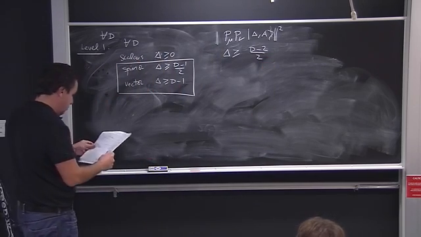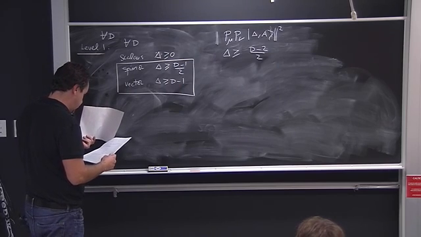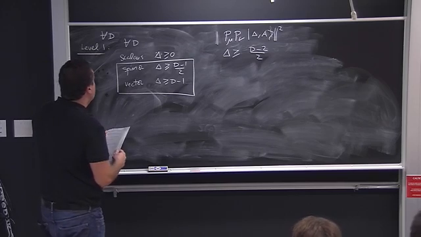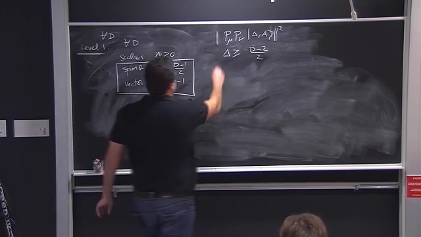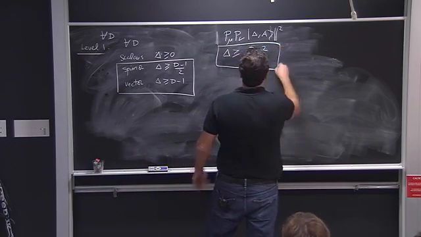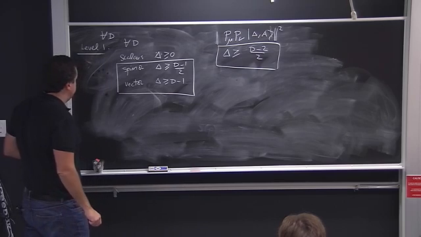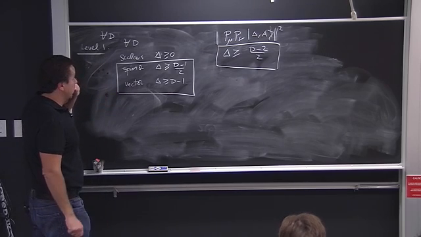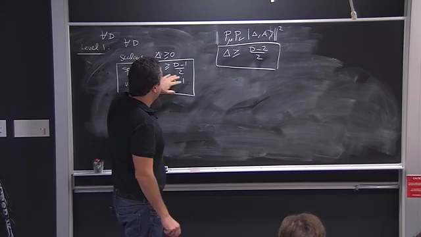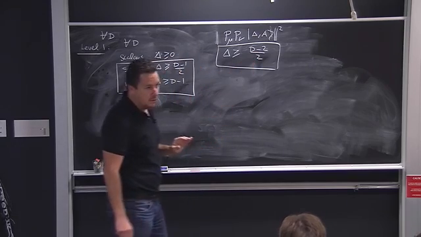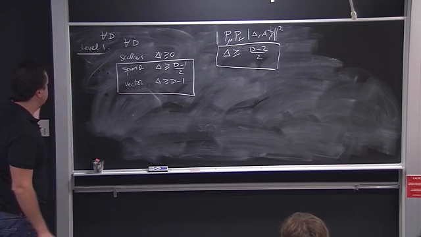I don't want to show you any of this because it's a bit over the top. So for scalars, this is the bound. And for spinors, this is the bound. And for vectors, this is the bound. Now, you can ask, what happens when I saturate the bound? Can you tell me something that you recognize when you saturate the bound?